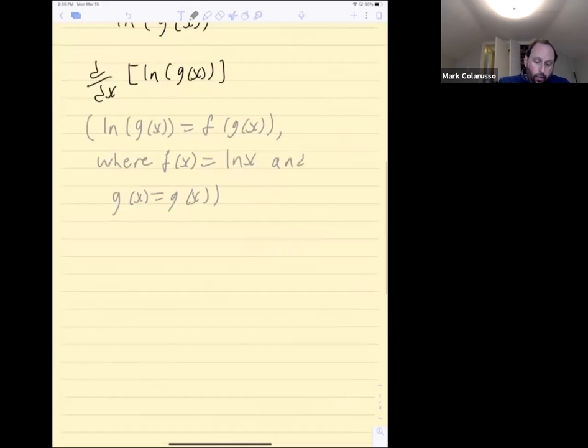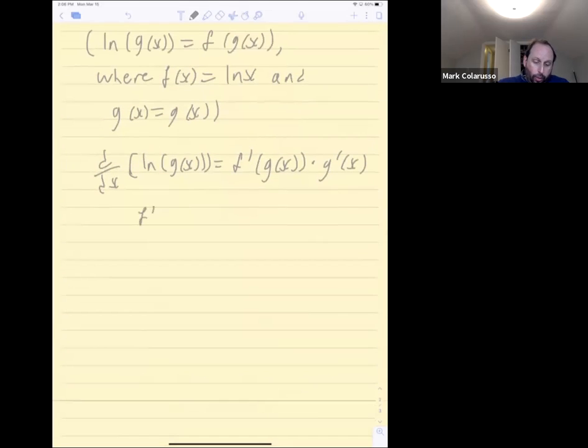Okay, so then, according to the chain rule, the derivative of ln evaluated at g at x is the derivative of the outer function at the inner function g at x times the derivative of g at x.